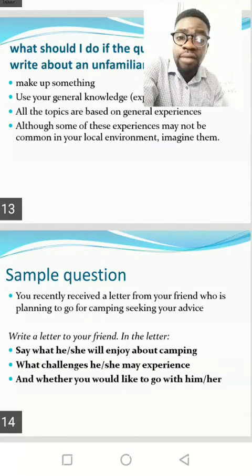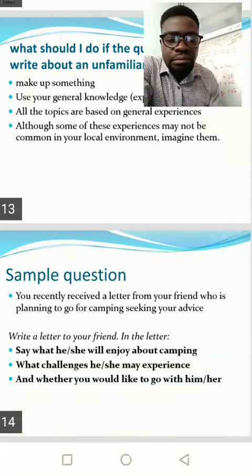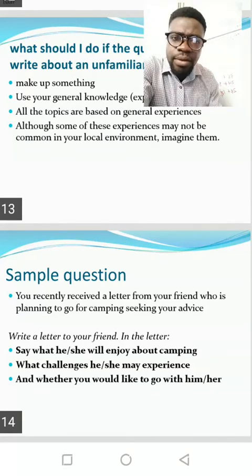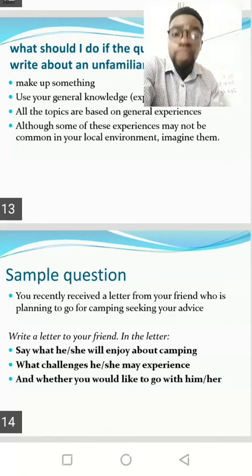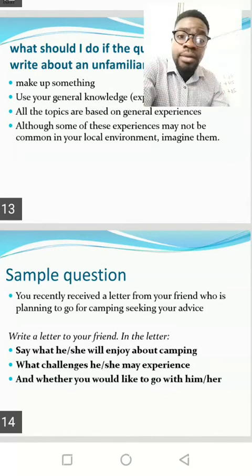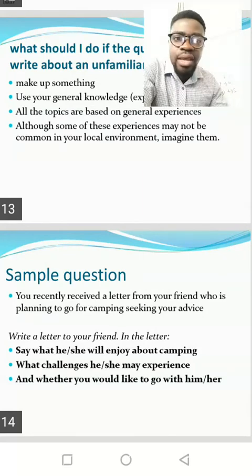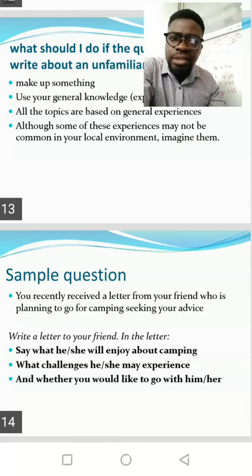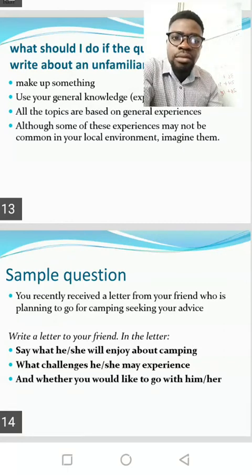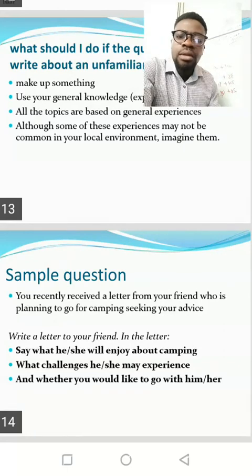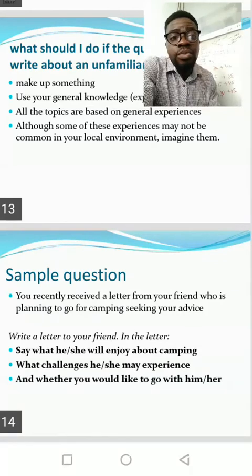I think camping is usually done in summer, when the weather is a bit fair, no snow and no rain. So people go out, maybe in the countryside, to set their camps there, their tents there, and just experience the life in the countryside. But you don't need to be an expert in all of that to write.